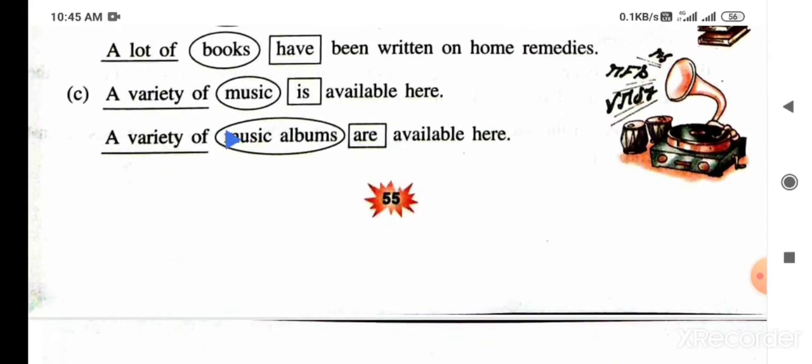Now a variety of music is available here. यहाँ भी नंबर का बोध नहीं हो रहा है, क्वांटिटी या अमाउंट का हो रहा है, इसलिए इज़ लगा. Now a variety of music albums, यहाँ बोध हो रहा है नंबर का, सो आर लगेगा.